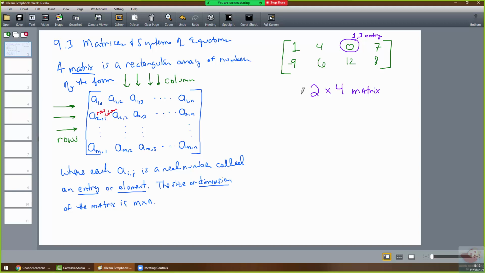All right. So as far as what's happening in this section, in 9.2, even though we did 3 variables, we're going to start with 2 variables. In 9.2, you had a system such as 2x plus 3y equals negative 6, and x plus y equals negative 1.